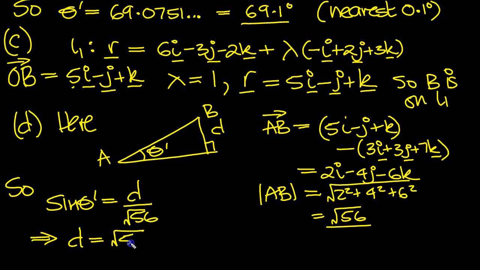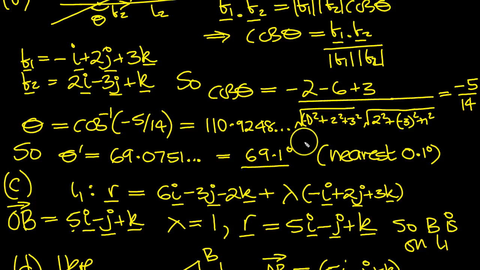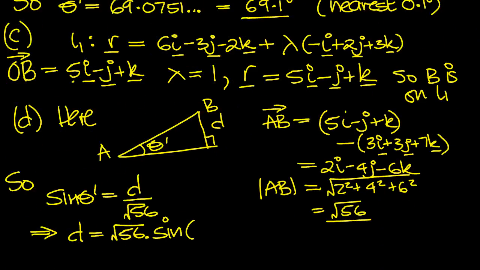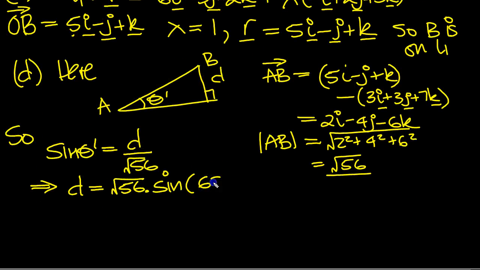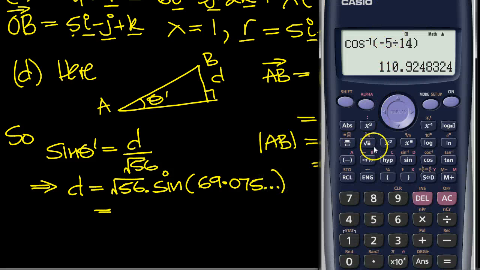D equals square root of 56 times the sine of theta dash. And we worked out theta dash above in the previous section. It was 69.075, nice and accurate. Put that in the calculator then. We need 3 significant figures. So we're in degrees mode.